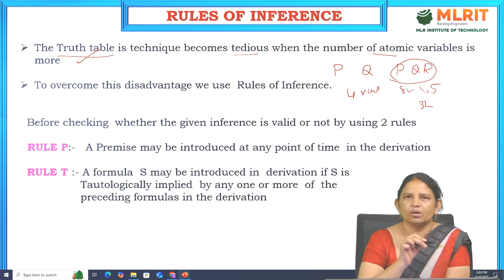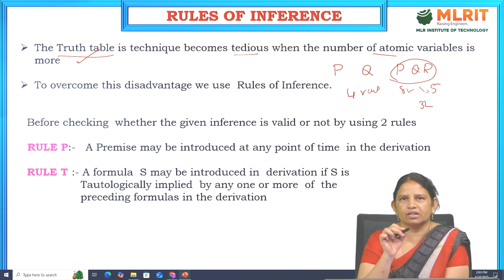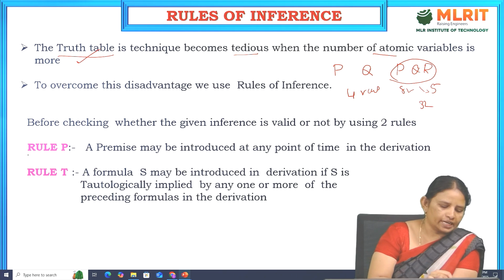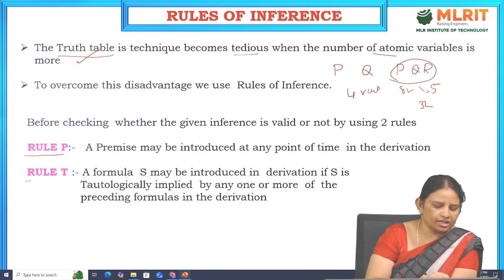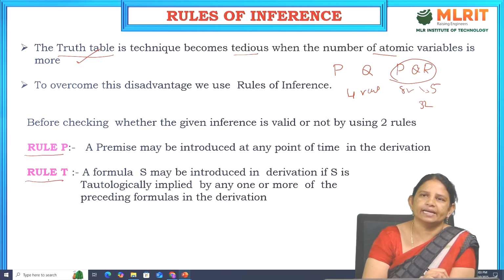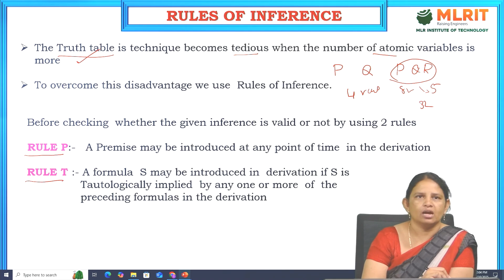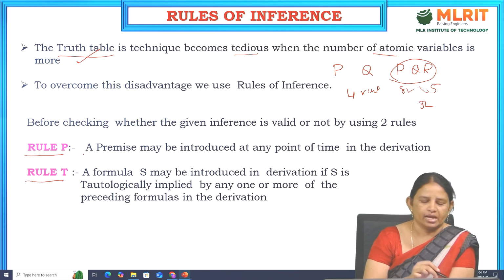To overcome this problem, we are going to apply the rules of inference. Before checking whether the inference is valid or not, there are 2 rules we are going to use. The first one is called rule P, and the second one is called rule T. What is meant by rule P? A premise may be introduced at any point of time in the derivation.